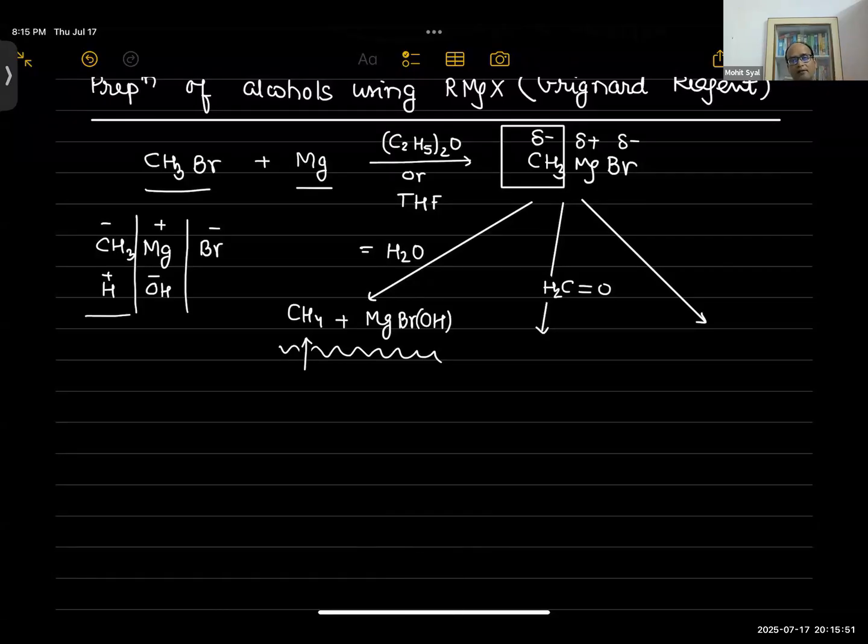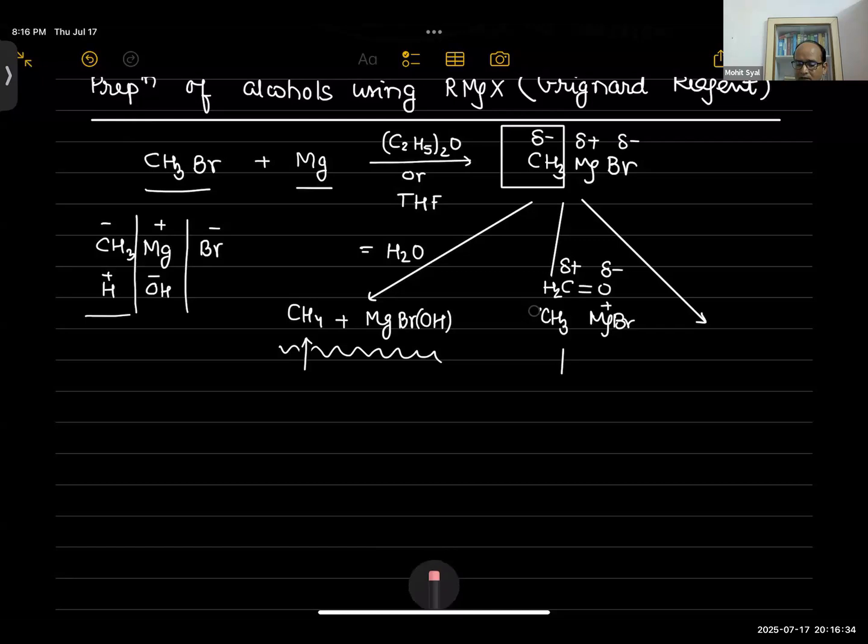Just think of the charges. What was the charge on CH3? It was minus, Mg was plus. So just attach the charges in opposite manner. So what are we going to end up with?